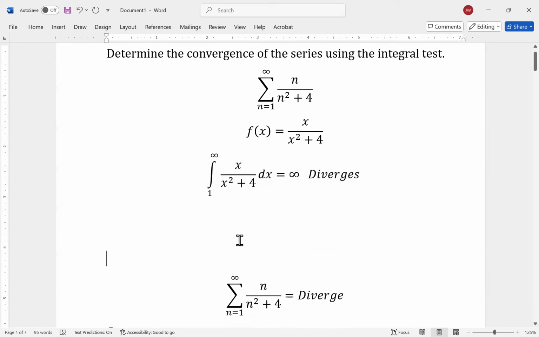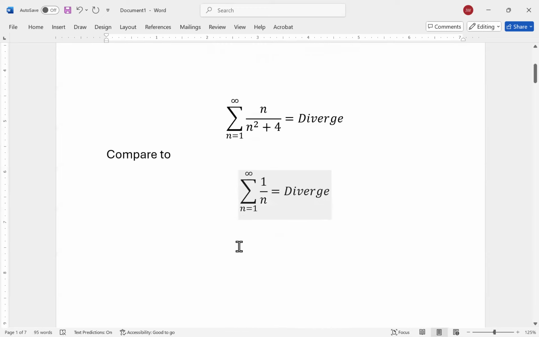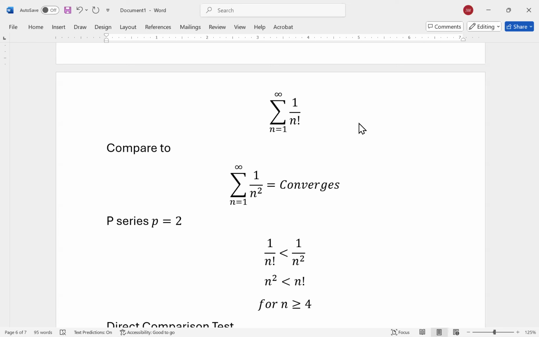So what I'm trying to point out is that the limit comparison test is a really efficient test if it can be used. So I tend to use that one if I can.